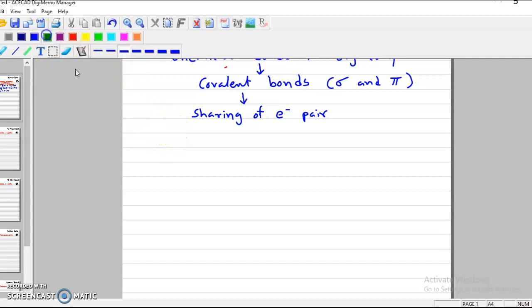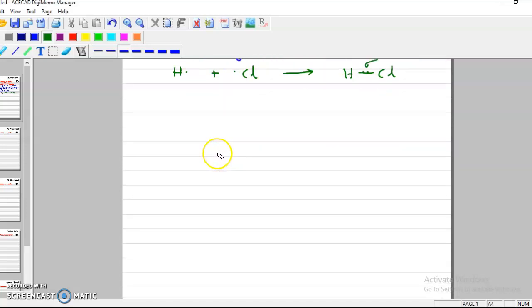We will take the example of hydrogen, which has one electron, and which will combine with chlorine, and we will have HCl, a single covalent bond, which will be a sigma bond. Here sharing of an electron pair takes place, one from each. So hydrogen and chlorine each have to provide one electron for sharing.